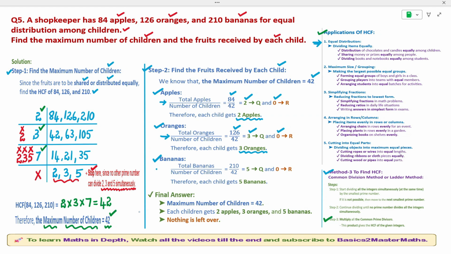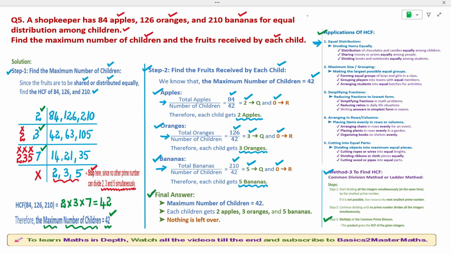Similarly, total bananas divided by number of children. That is 210 divided by 42 gives you 5 as the quotient and 0 as the remainder. Therefore, each child gets 5 bananas.